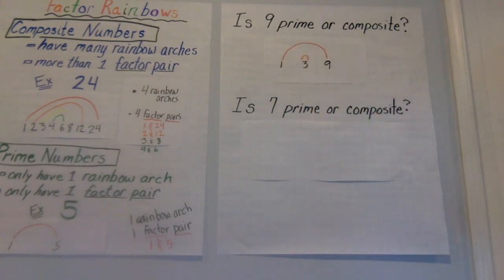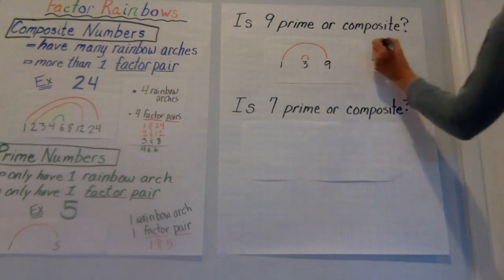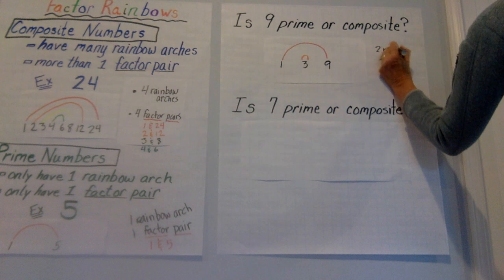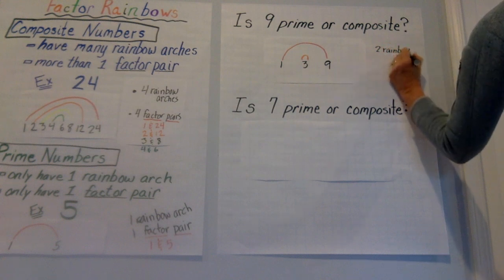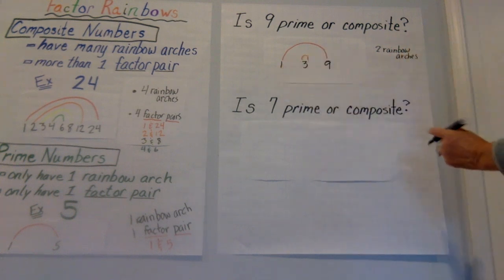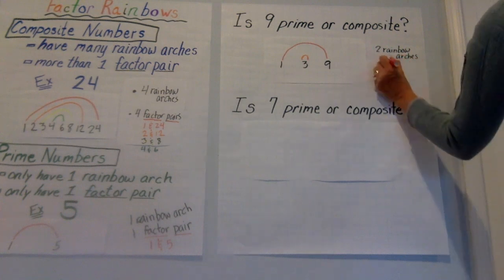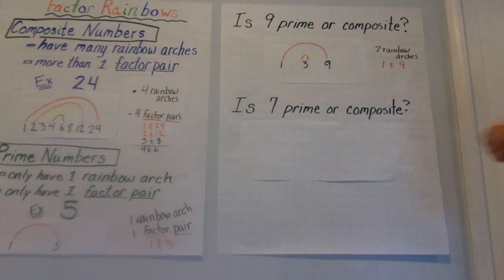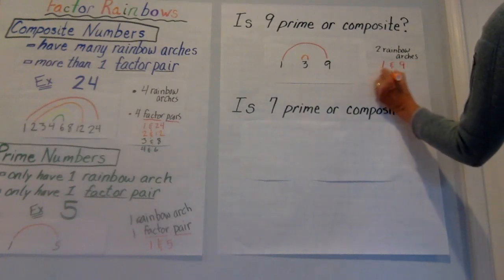So with this one, we know there are 2 rainbow arches. And we therefore have 2 factor pairs, which are 1 and 9, and then our double 3.